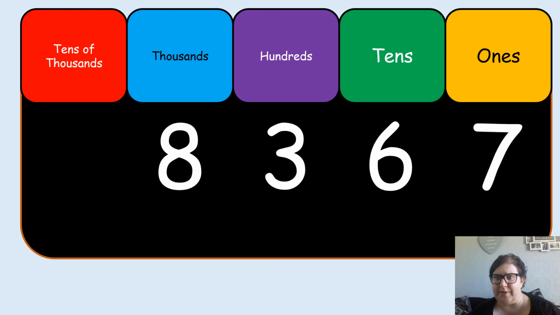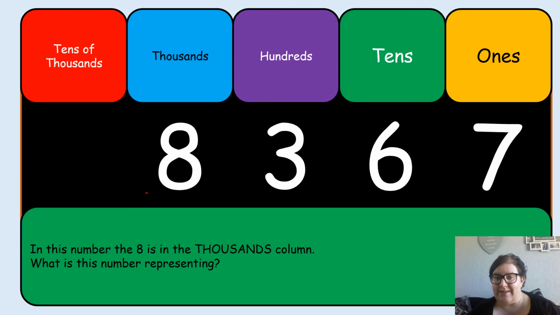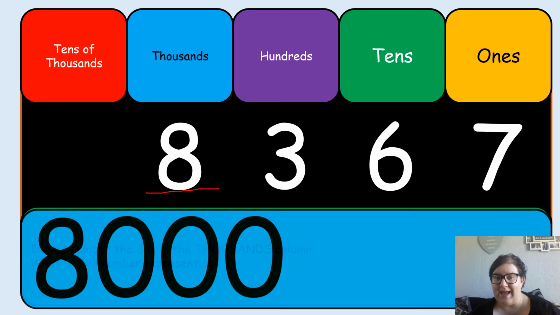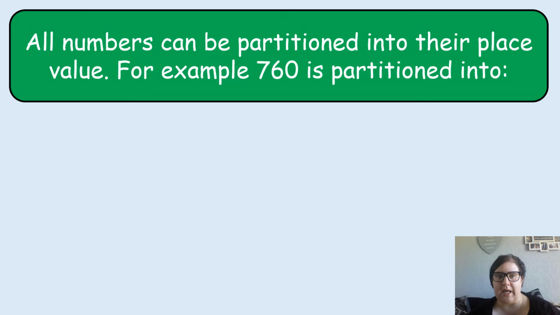This is a big number, it's got 4 digits. In this number, the 8 is in the thousands column. What is that number representing? 8,000. Well done if you got that right. All numbers can be partitioned into their place value.